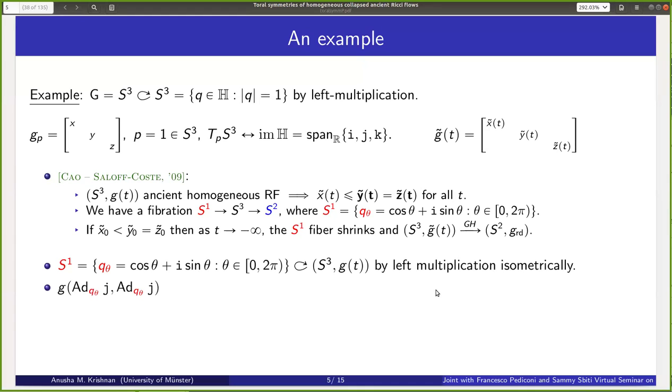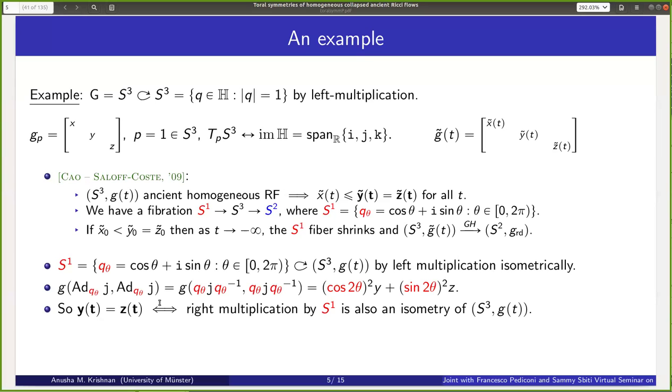Let's see what happens under the adjoint action. If I look at the action of this group element q_theta by the adjoint action on this tangent vector J, then the length squared of the resulting vector, you can compute it out like so. It has the following expression. These computations are not difficult to do. I just wanted to mention them to give a more concrete picture.